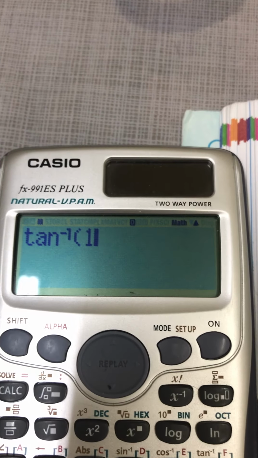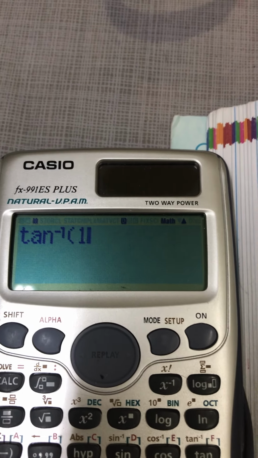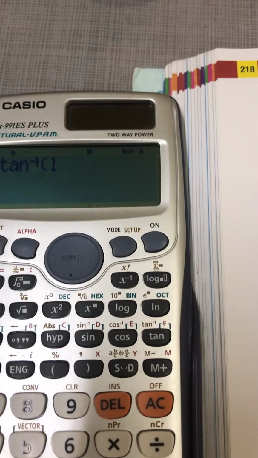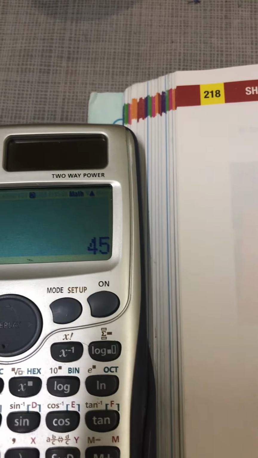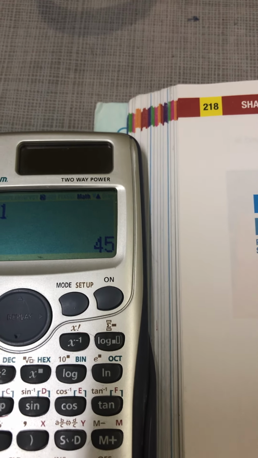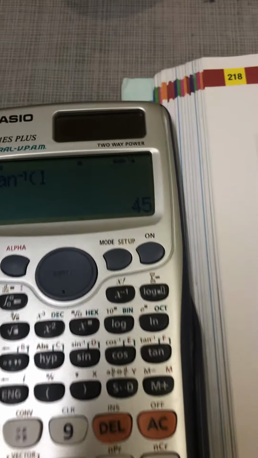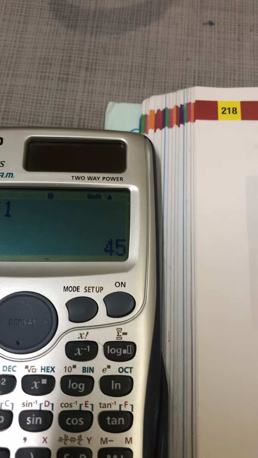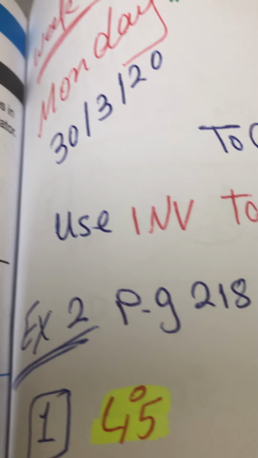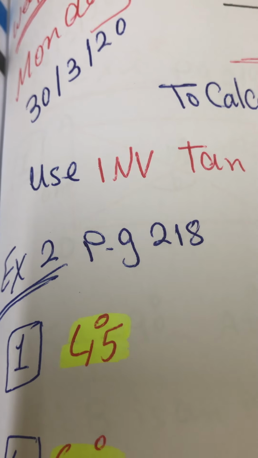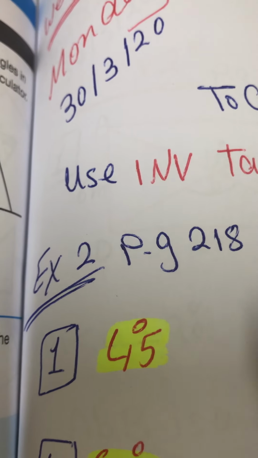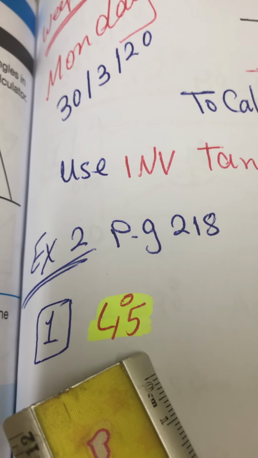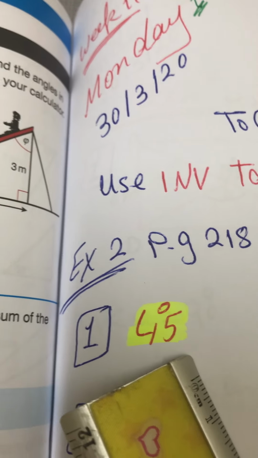So the calculator wrote tan -1 inverse, okay, equal, as you see, the answer is 45. So the measure of the angle with tangent ratio 1 is 45. This is exercise 2, page 218, question 1. The measure of the angle is 45.